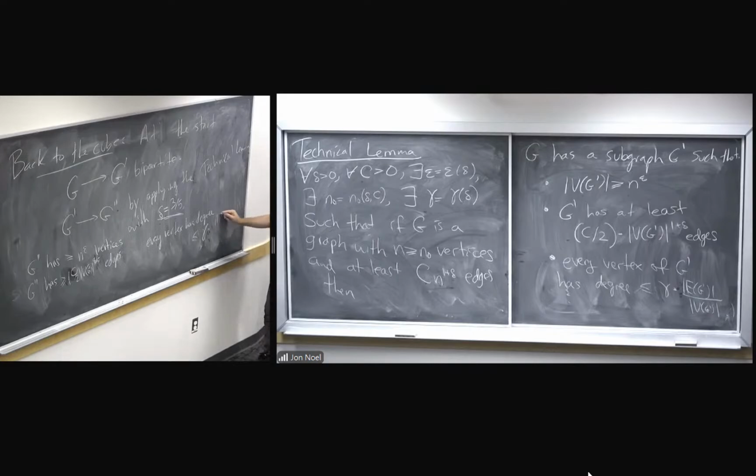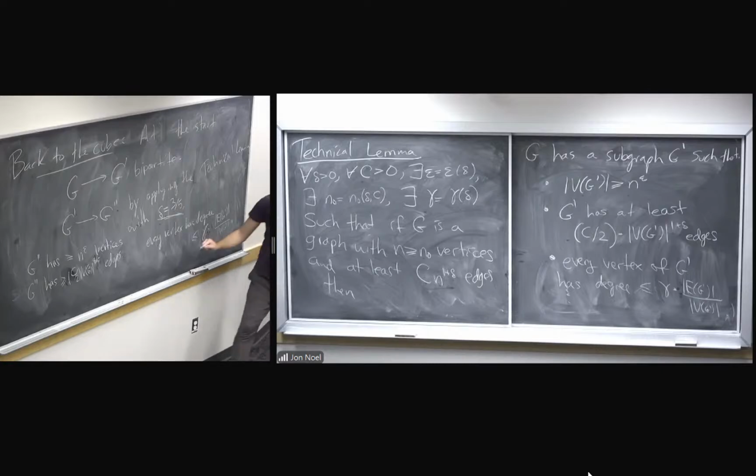Times the number of edges in G prime over the number of vertices in G prime. And basically, if you put all of this together, you're going to find this 6th cycle in the neighborhoods, and therefore you're going to find the cube.